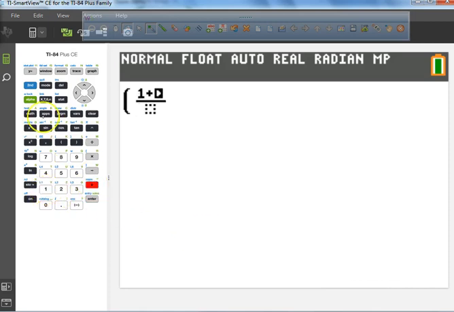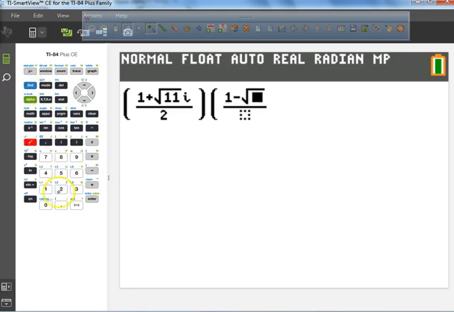Do 1 plus radical 11i over 2 times alpha y equals, enter, 1 minus radical 11i over 2.